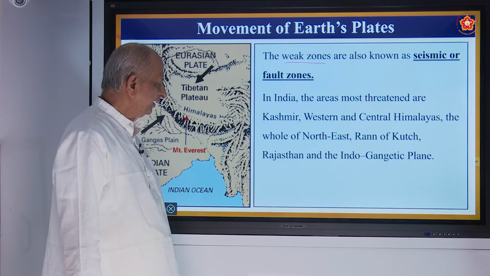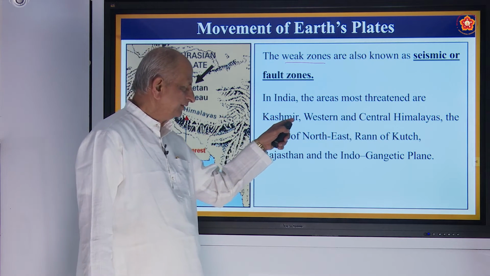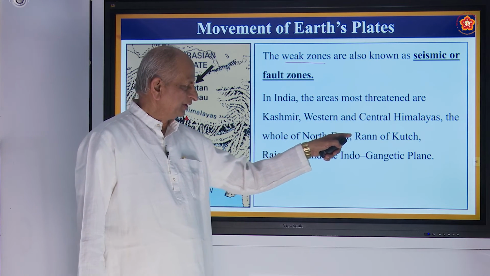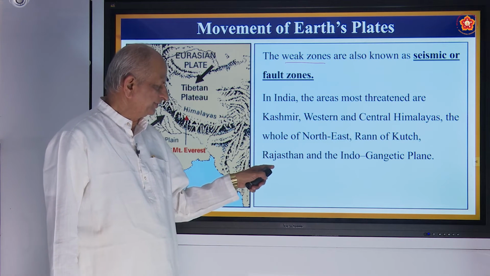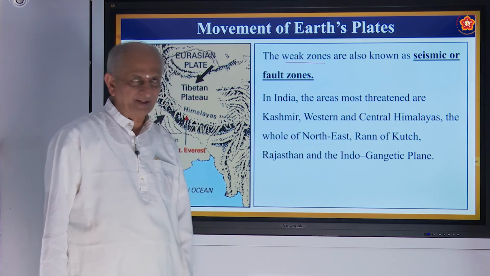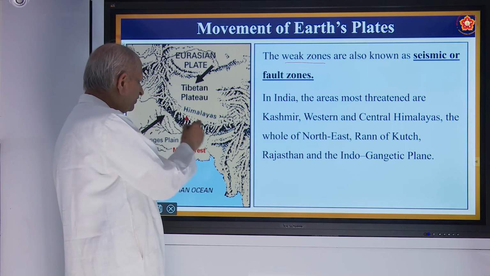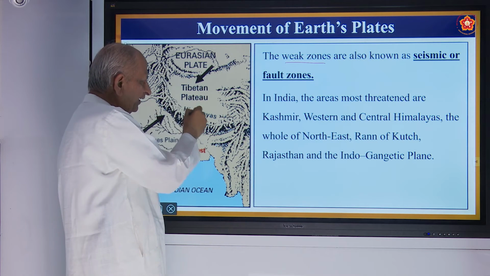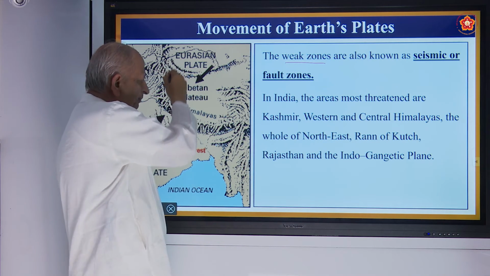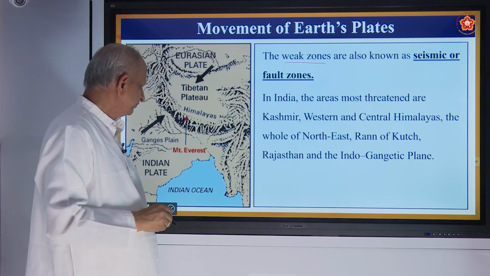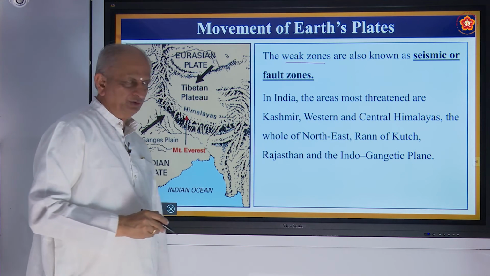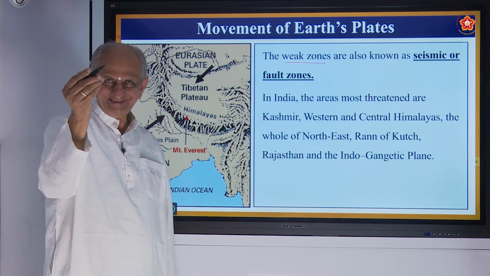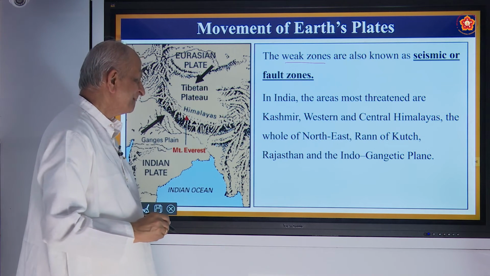In India, areas most threatened are Kashmir, western and central Himalayas, the whole of the northeast, Rann of Kutch, Rajasthan, and the Indo-Gangetic plain. So in the Indo-Gangetic plain, in the Himalayas, in Kashmir, and also in Rajasthan. Do you know why Rajasthan? What is Rajasthan famous for? Yes, the Thar desert.